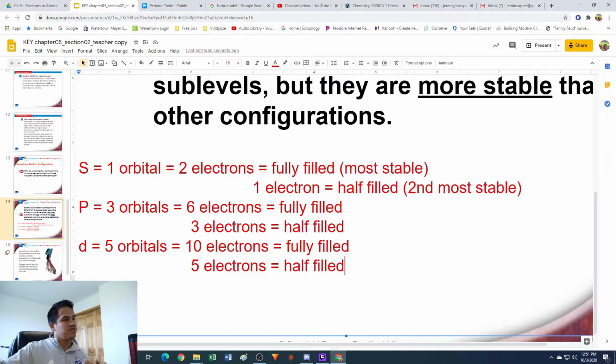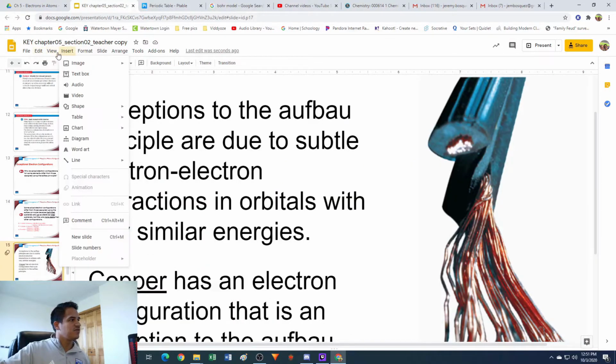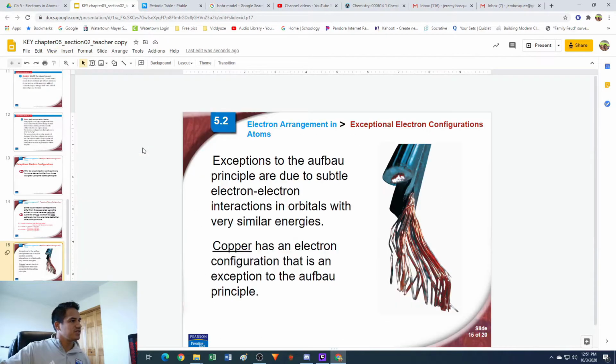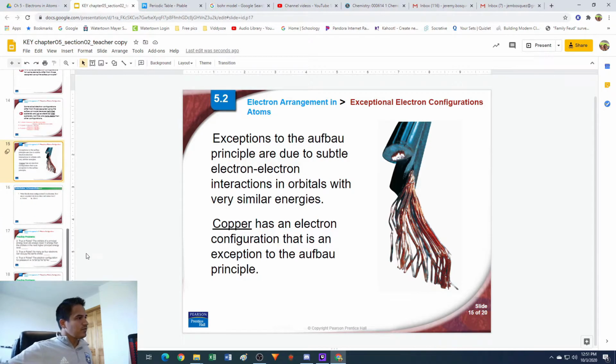One of these is copper. We're going to take a look here at copper to get an idea of what this actually looks like. Copper is an exception to the Aufbau principle, and it has an electron configuration that is not what you typically would think it is. I will write out the electron configuration for copper based on what it should be, and then I'll show you what it actually is.